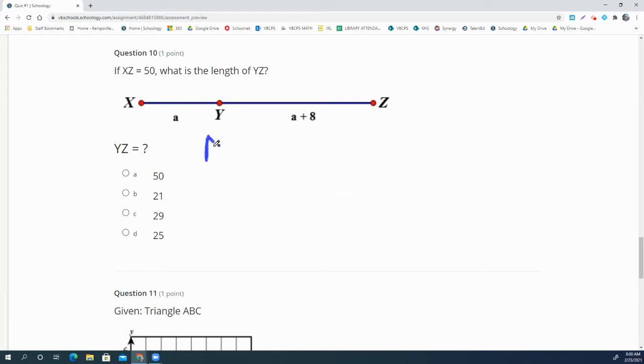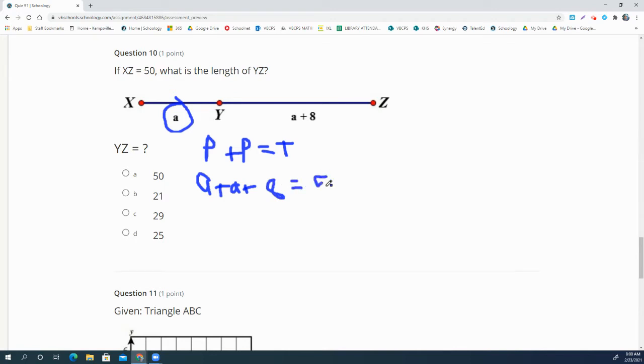So this one's going to be the part plus the part equals the total. What's our comfortability level with that, ladies and gentlemen? Part plus the part equals the total. So A plus A plus 8 equals 50.